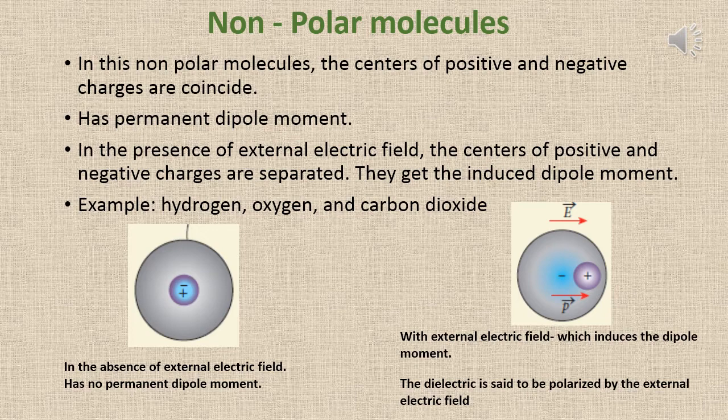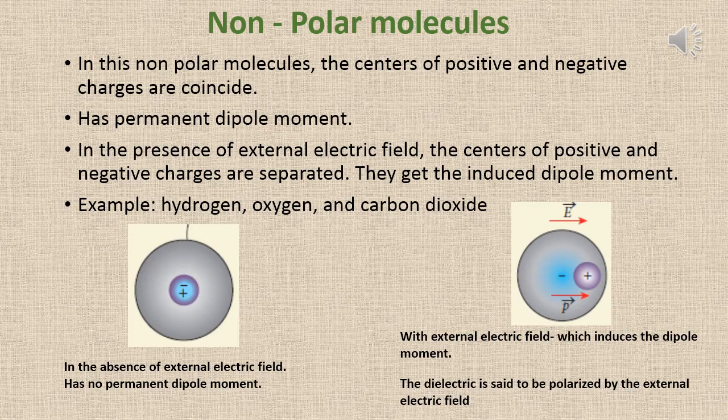A very small distance will be created between the positive and negative charges. Later they will start to behave like a dipole. This kind of thing is called induced dipoles. Because of the formation of an induced dipole, they will get a new physical quantity called induced dipole moment.